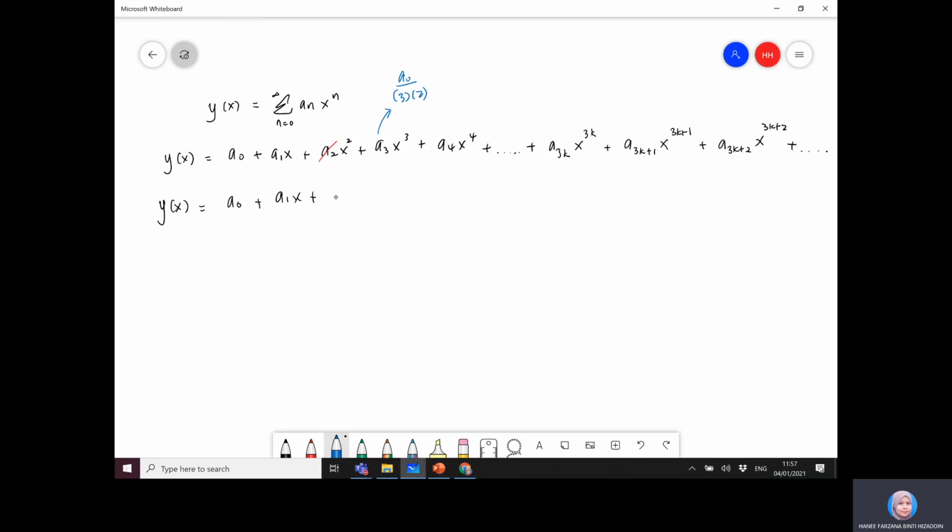So now you put the term as a naught over 3 times 2 times x cubed. And then a4 is a1 over 4 times 3. And a5 is 0, so you don't have to include that. So here you put a1 times x to the 4 over 4 times 3, and so on and so on.